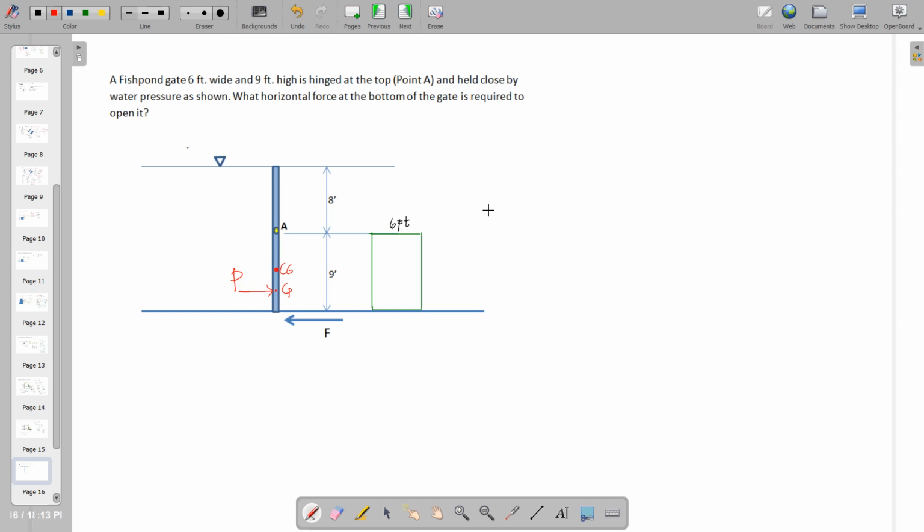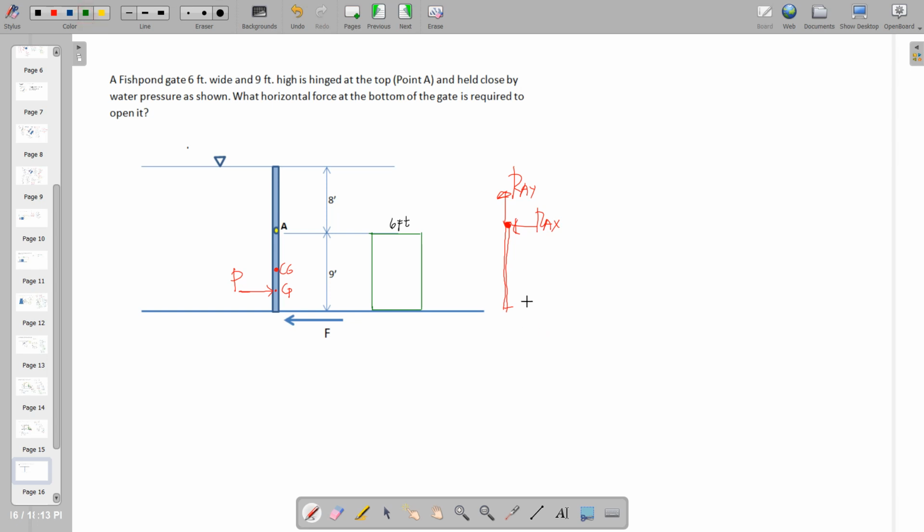So separating our free body diagram here, say this is the gate, and this is the hinge portion of the gate. On the hinge portion, remember, there will be two reactions there, say RAY and RAX.